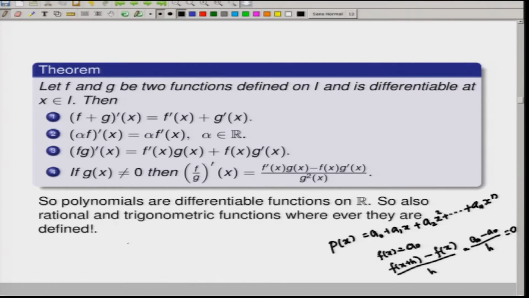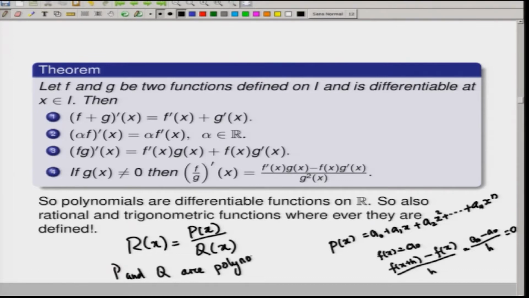Now, if you look at the rational function R of x, which is equal to p x by q x, where both p and q are polynomials, we have to take a little care in defining this.